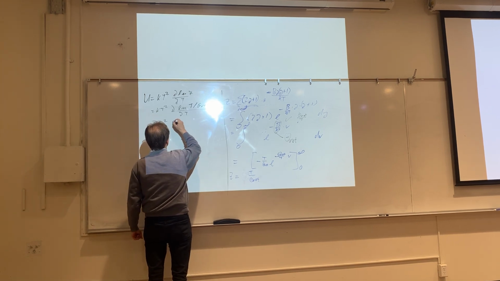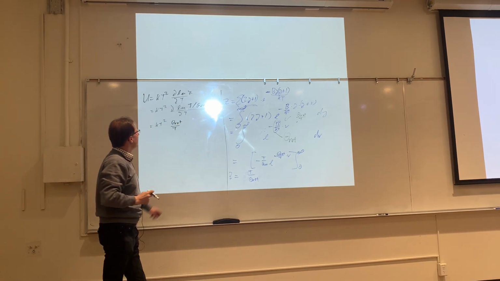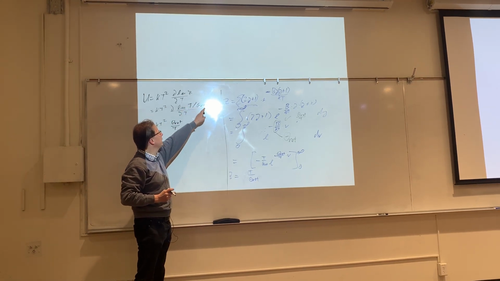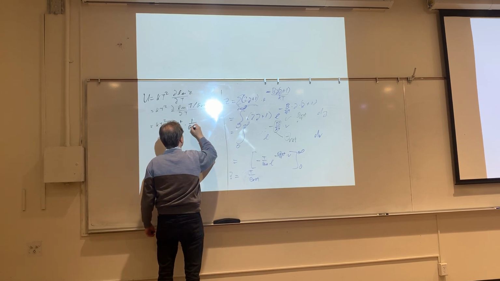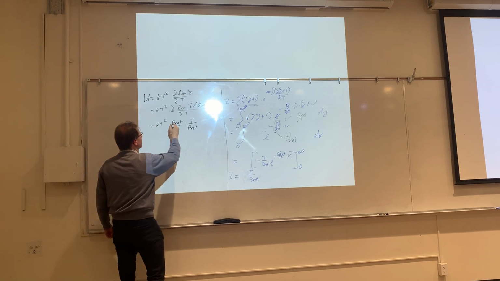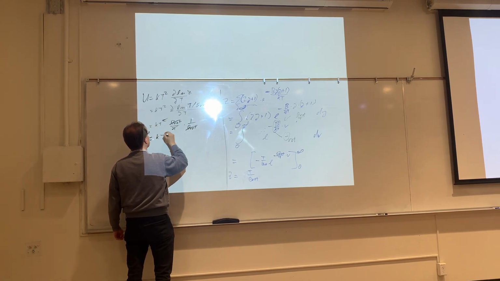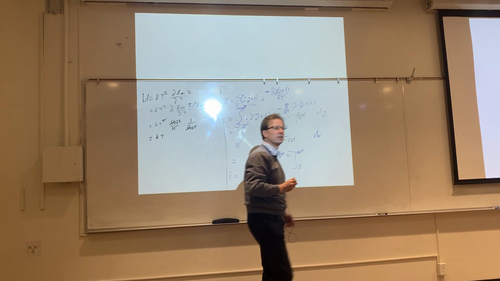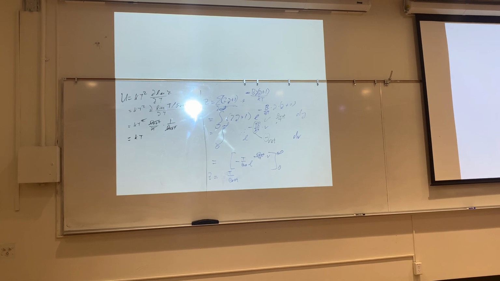So it will be theta rot over T. And then the internal first derivative of T over theta rot is 1 over theta rot. Okay, so this cancels and that cancels and it's kT. So the internal energy is kT.